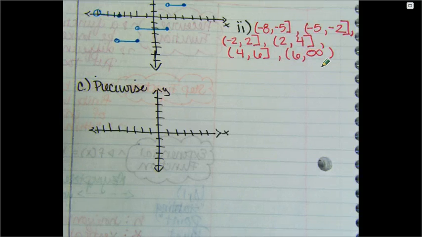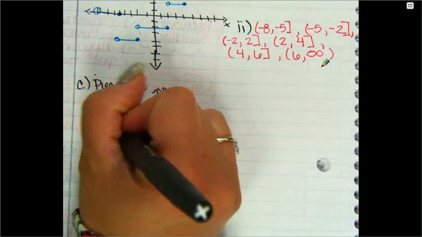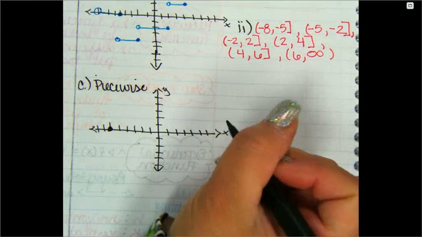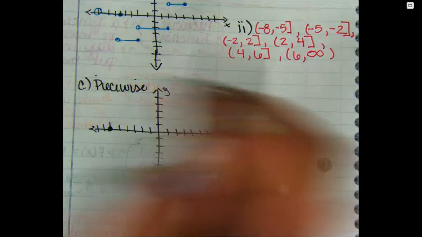Are we ready? Okay, your first point you're going to graph is going to be negative 6 comma 0. Next point you're going to graph negative 4, negative 5.